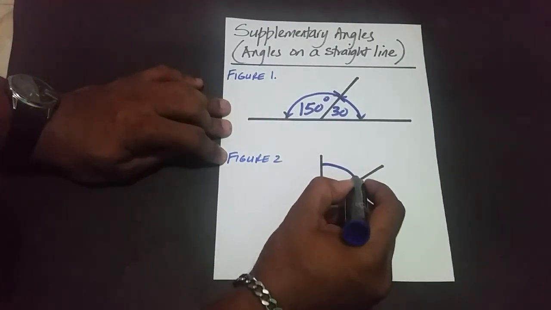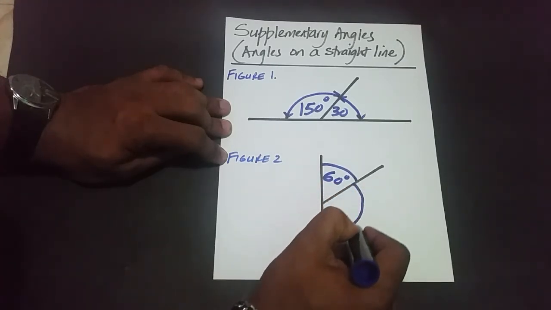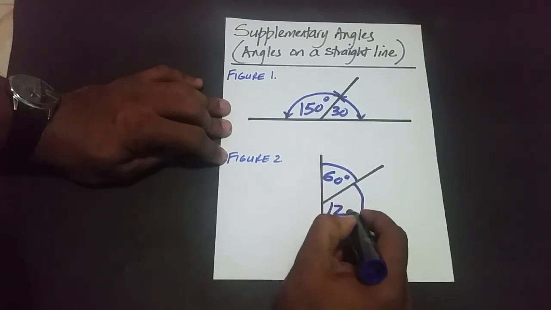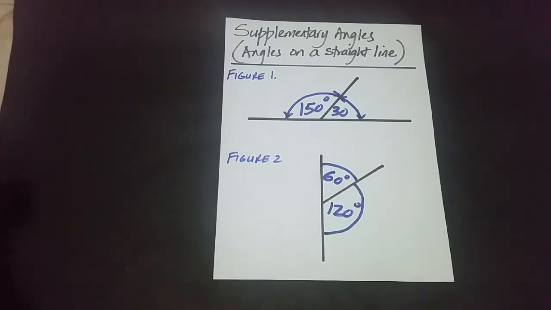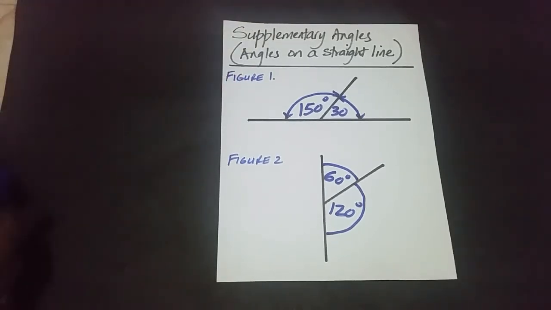Similarly, if this angle here is 60 degrees, then this angle coming around here must be 120 degrees. So those two angles will be up front and center in this topic called bearings in trigonometry.